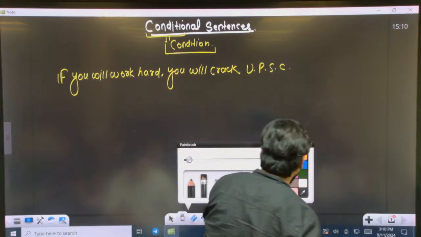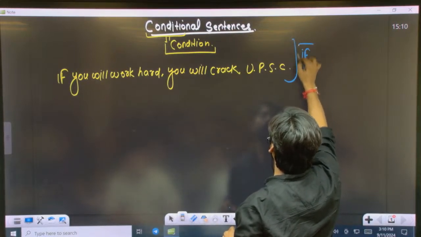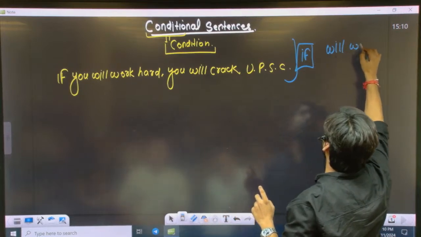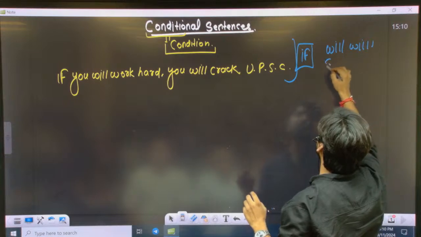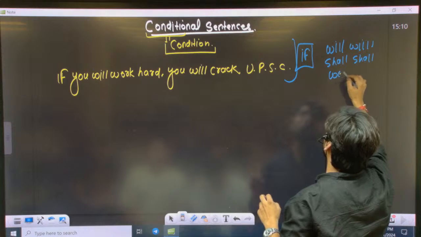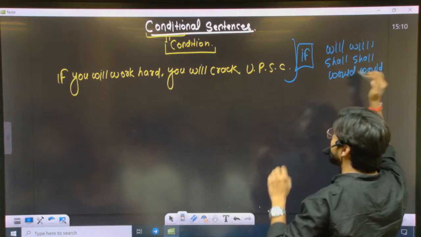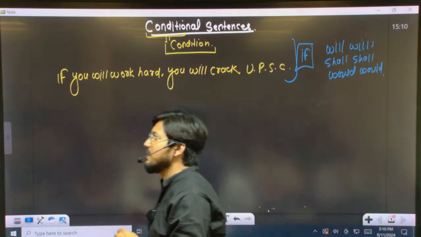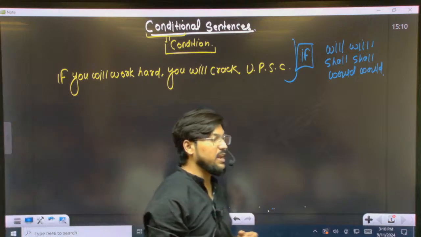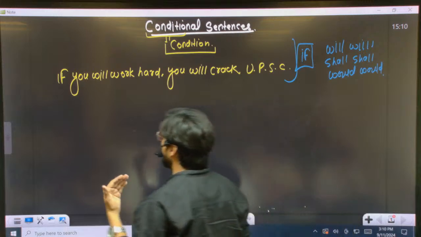Now just come to the point. If you are making a sentence with if, just remember one thing: we never use two wills, two shalls, or two woulds in a sentence. If you are using them, then this sentence is incorrect. So you need to remove one will. Which will would be removed?